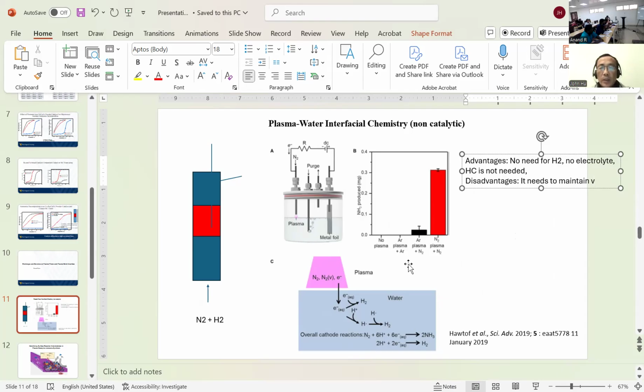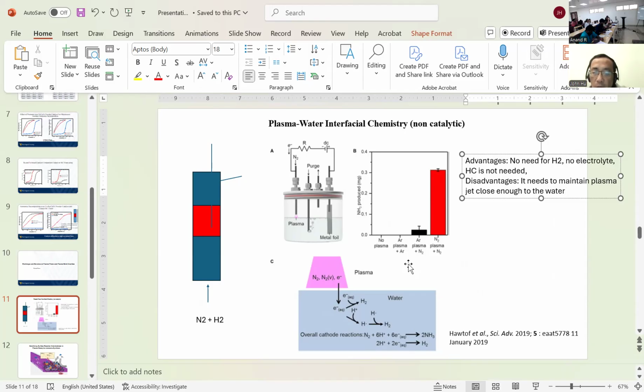So the plasma jet must be close enough to the water, otherwise the plasma species cannot dissolve in the water and go into it. So you have very limited space to move.